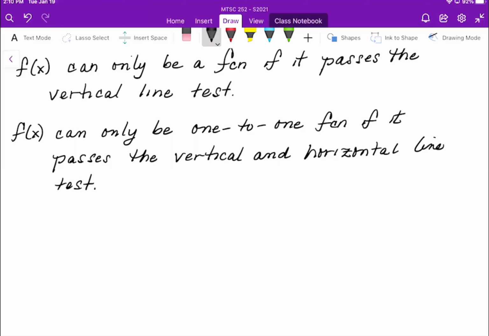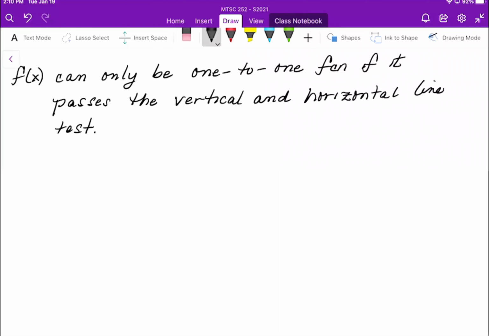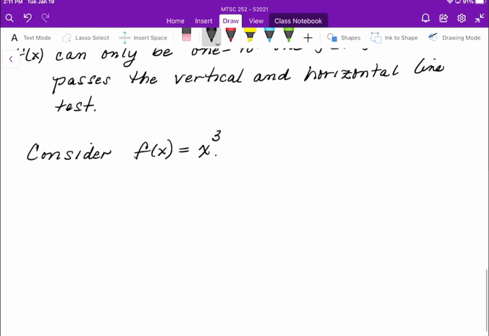Okay, so let's say we look at this function, f of x equal x cubed.